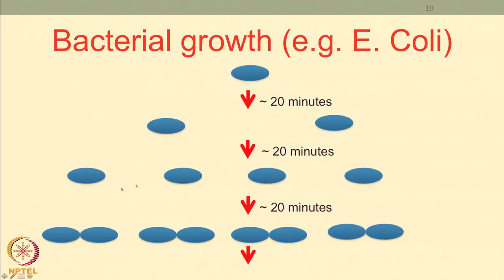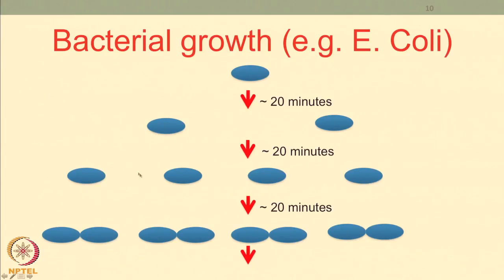So, this would become 2 and this would become another 2, total 4 cells. Again, each of them would divide into 2, total 8 cells. Each of them doubling is what we would typically call bacterial growth.